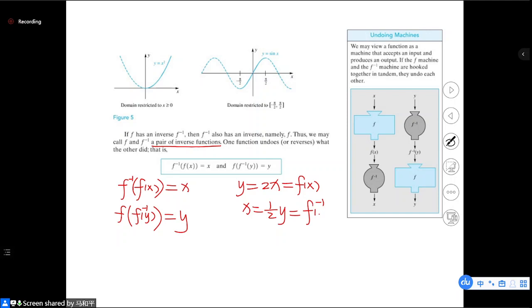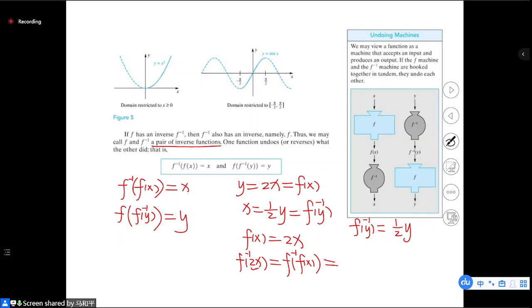This is f inverse y. We know f(x) is 2x, so f inverse of f(x) is f inverse of 2x. You know f inverse y is equal to 1 over 2y, right?